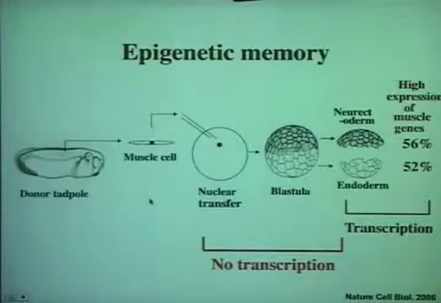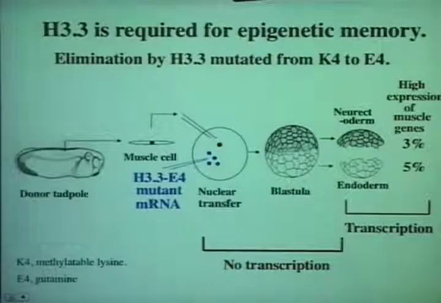And if you make a guess, as we did, that this might have to do with the histone H3.3, you can overload the egg with a mutant form of this special histone as a competitor, and that eliminates the function of histone H3.3, and you then essentially eliminate the memory of this muscle existence of that nucleus.